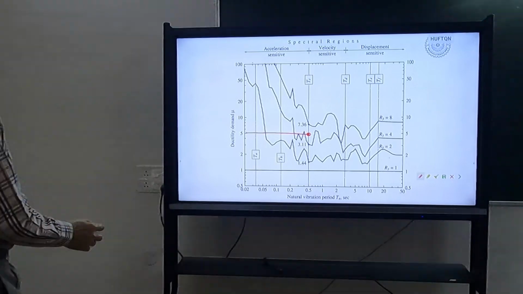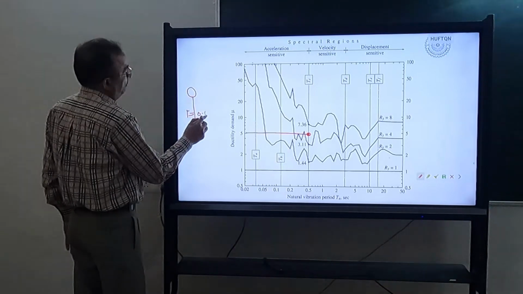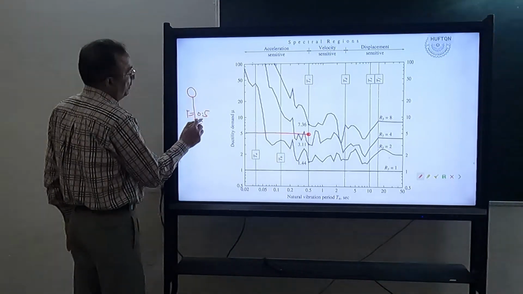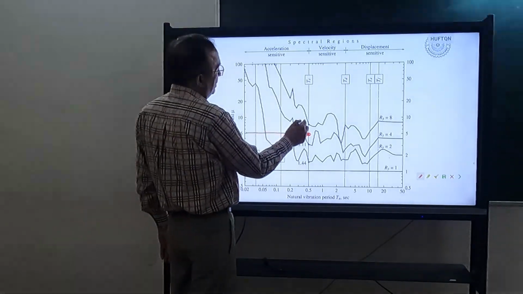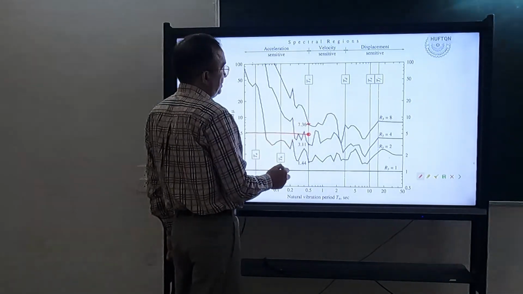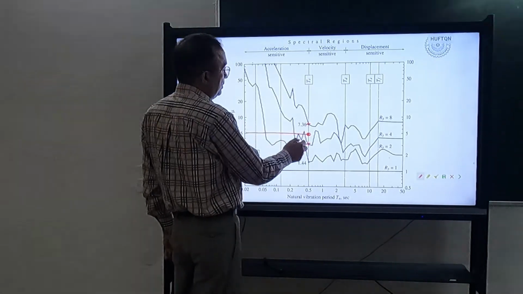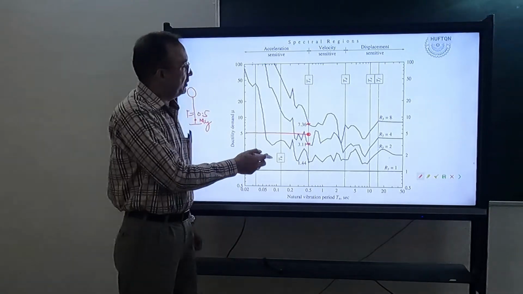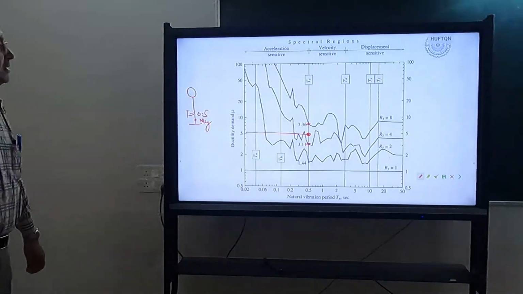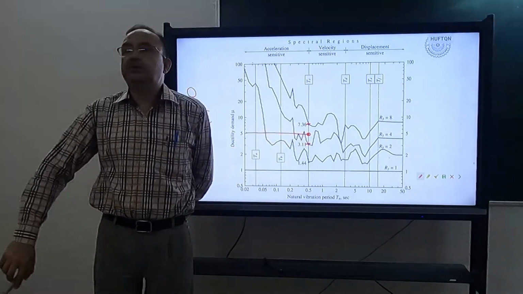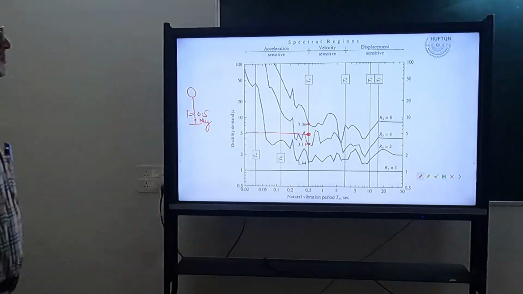So I will consider a single degree freedom system of period 0.5 seconds and then I will design it for different values of My. When I have taken Ry is equal to 8, I will get this demand. When I have taken Ry is equal to 4, I will get this demand. So I know somewhere in between I will get it. So I will perform another analysis with, let us say, Ry is equal to 5 or 6 or 7 and see when I am getting this demand. So I have to perform an iterative solution.